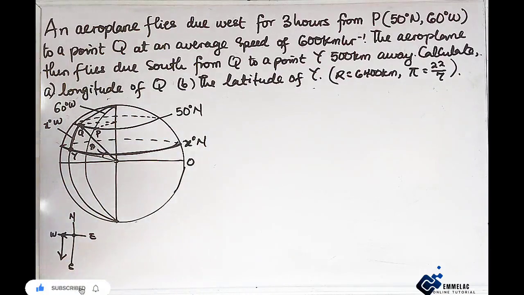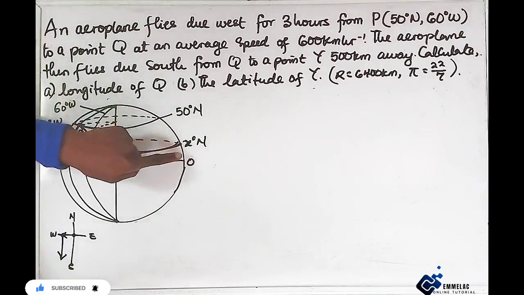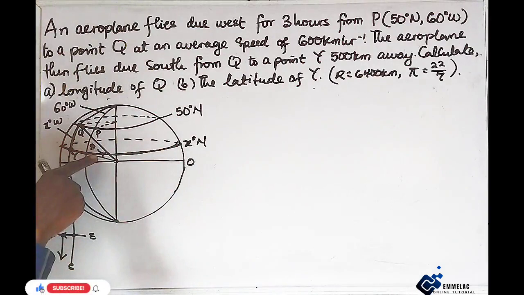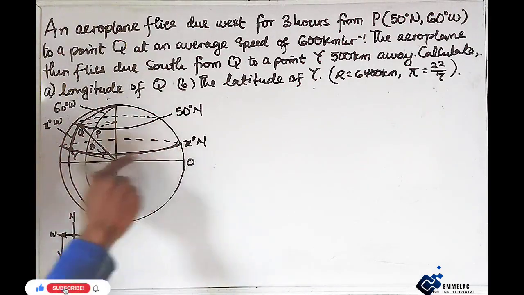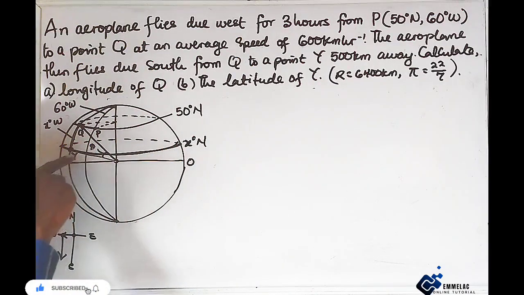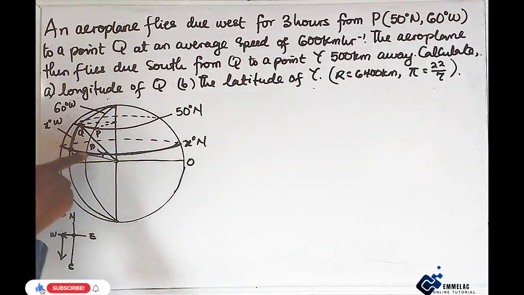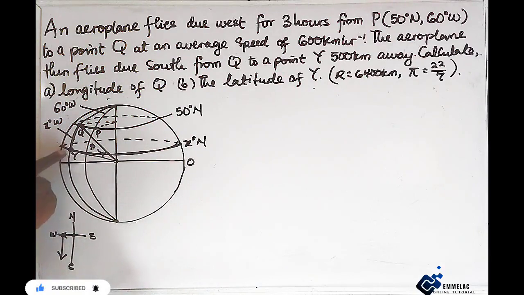So it implies that the angular difference here will be 50 minus X. Our angular difference for us to get the coordinate of our Y, which implies that 50 minus the coordinate, the angular difference between Q and Y will give us the latitude of Y.